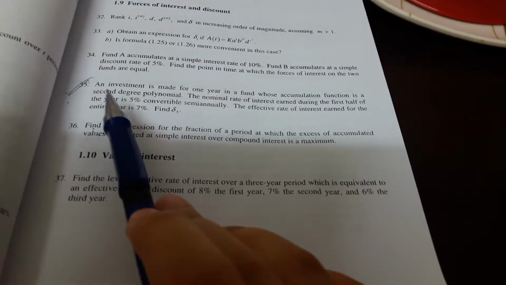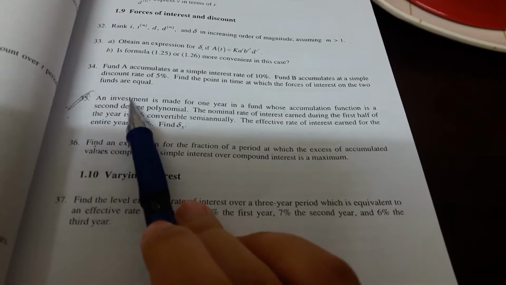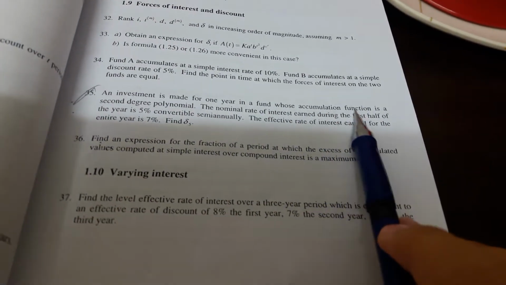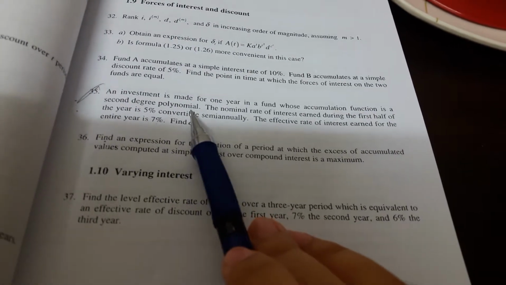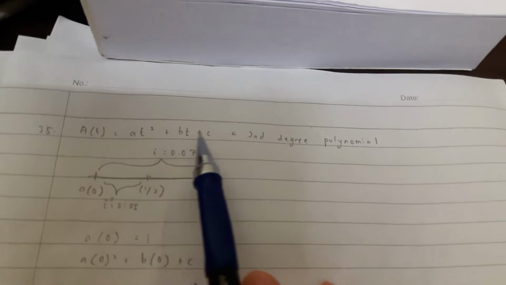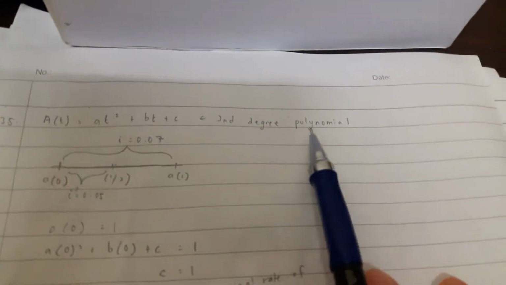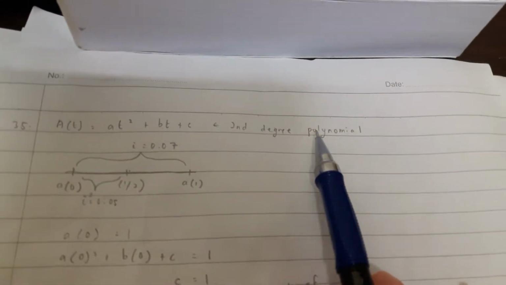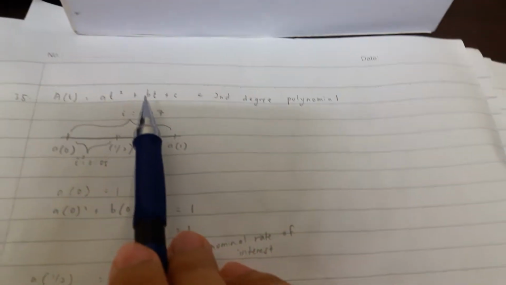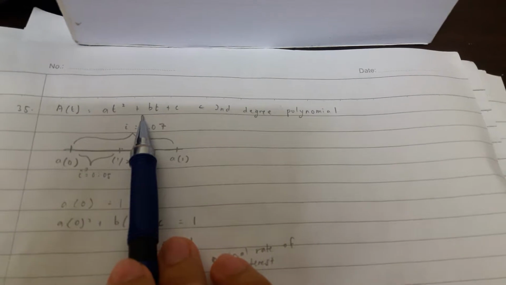For question 35, an investment is made for 1 year in a fund whose accumulation function is a second-degree polynomial. So we'll state that this function, the second-degree polynomial, is stated in the book.